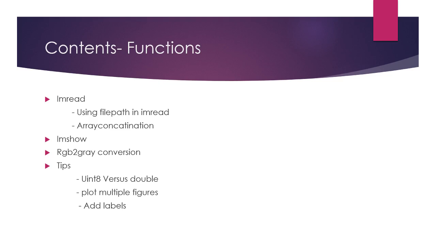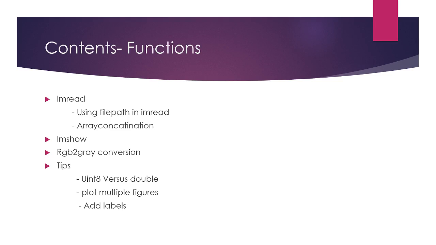So here are some contents I've put together for this presentation to review with you guys. I have imread as a MATLAB function. We'll be looking at how implementation happens, and we would like to use file paths as well as array concatenation to make sure any kind of image or file path we can incorporate. And then we will look at imshow.